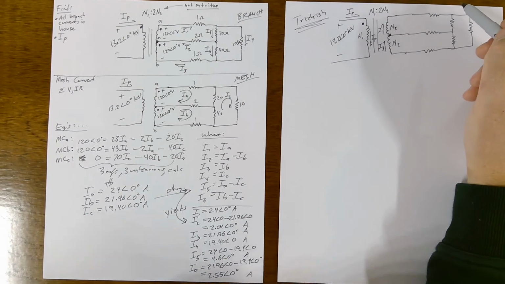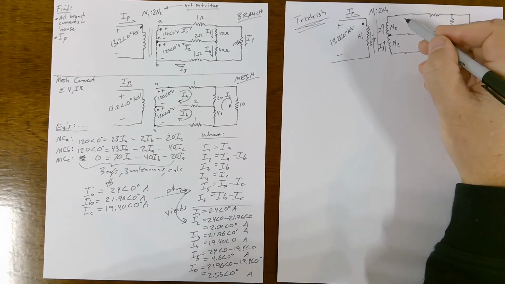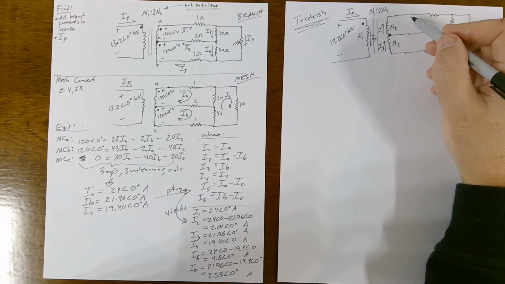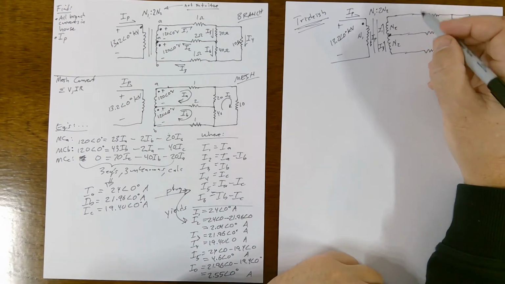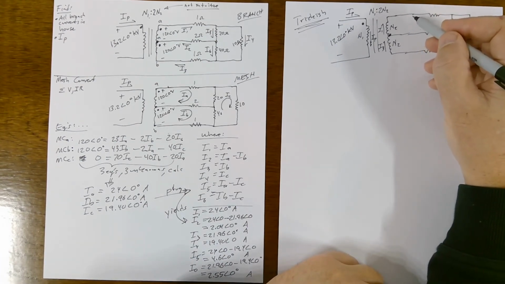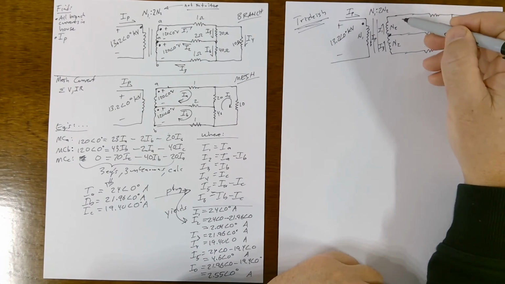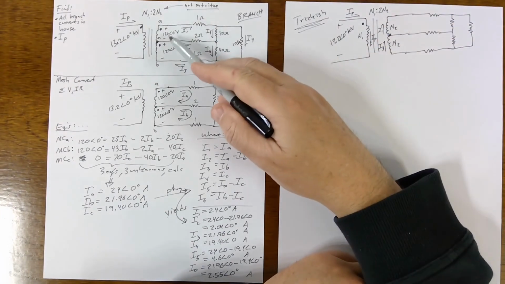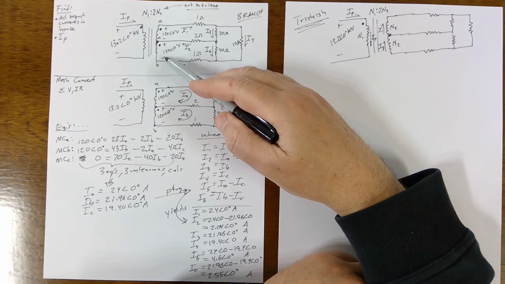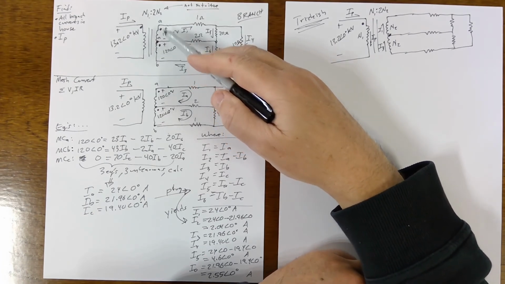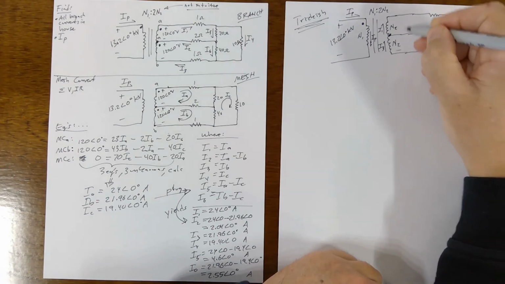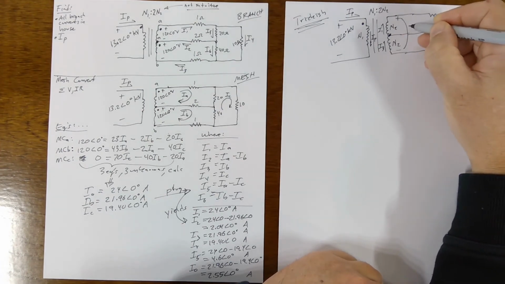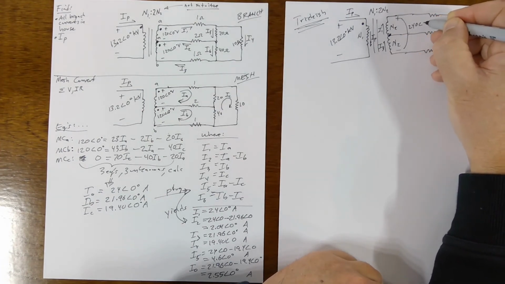We know that if this is 120 and 120, from here we're rising 120 and we're rising another 120, so we're really rising 240 across here. So this is 240 angle 0 degrees.